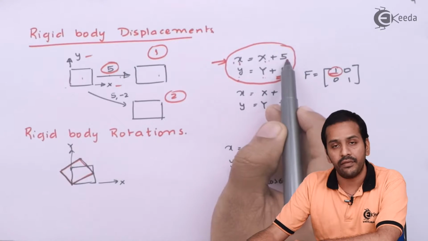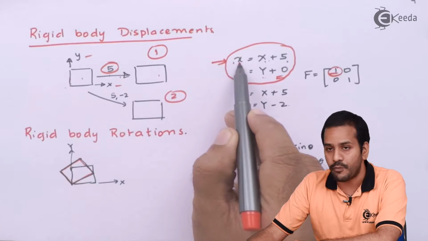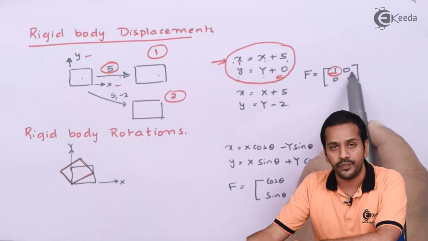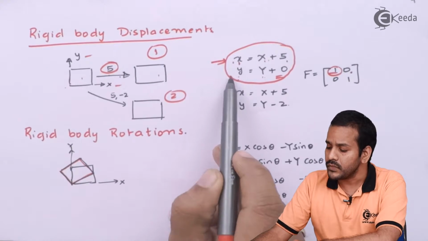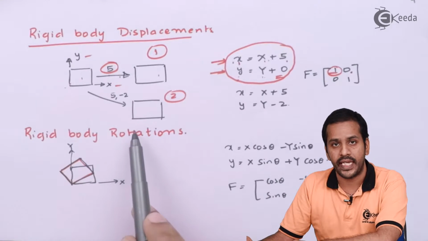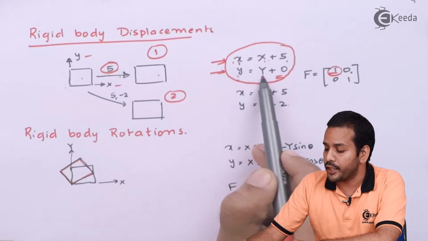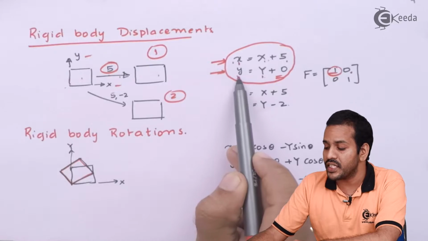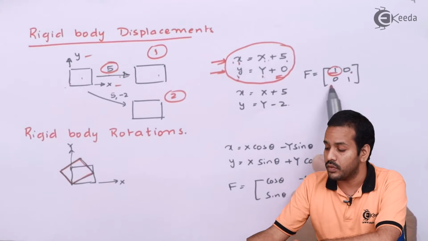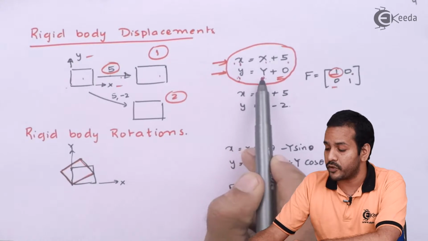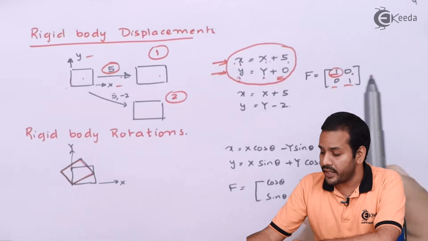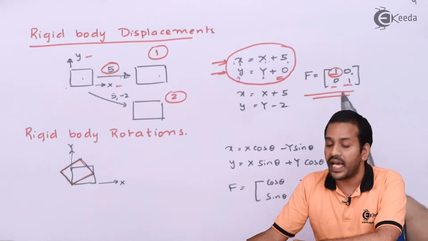Since there is no capital Y here, differentiating small x with respect to capital Y gives 0. Similarly, for the second mapping, y is equal to capital Y, so differentiating small y with respect to capital X gives 0, and with respect to capital Y gives 1. So here, if you observe, this F is an identity.